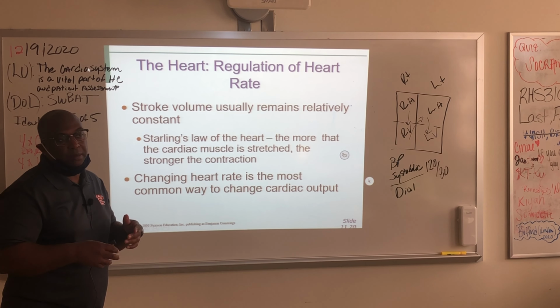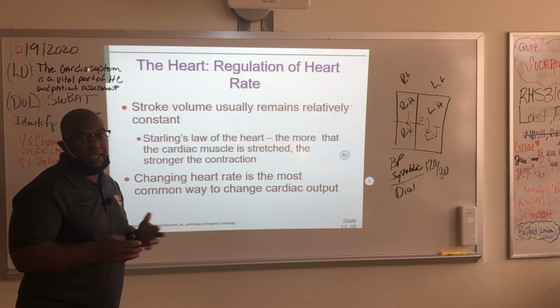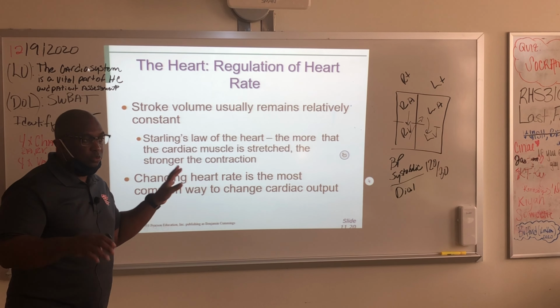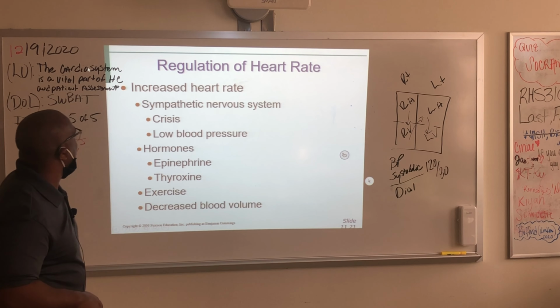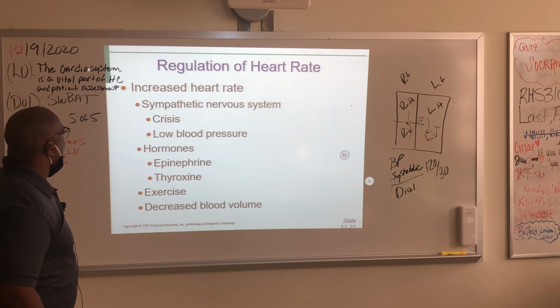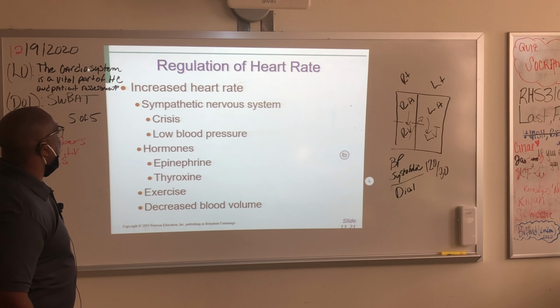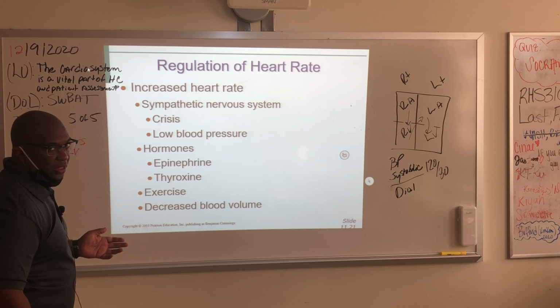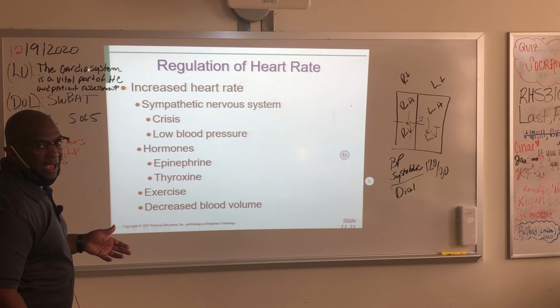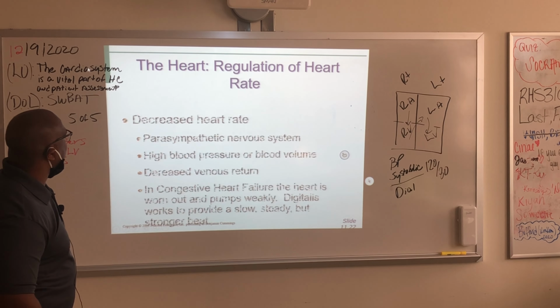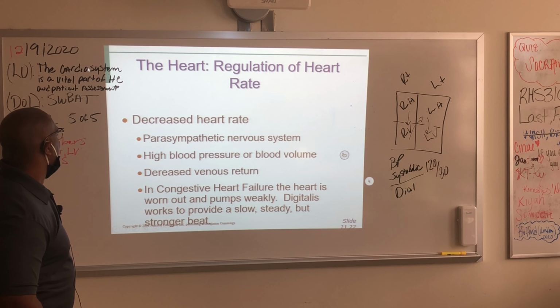Of course, if you become a cardiac doctor or pulmonologist, then you definitely need to know all this. Increased heart rate, sympathetic nervous system, low blood pressure, hormones, epinephrine, thyroxine: I'm not really interested in you knowing all that. That's down the line for you, so don't put too much into that.